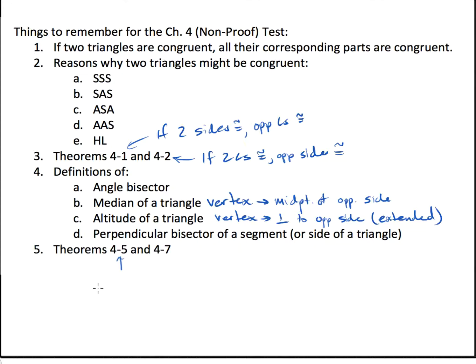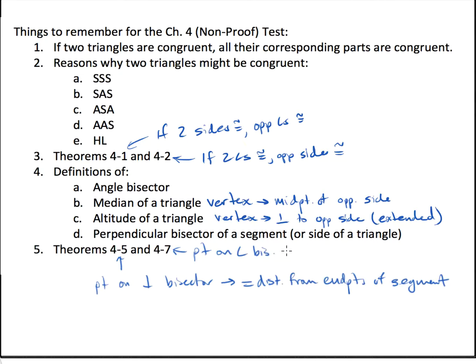This one said if a point is on the perpendicular bisector, then it is equidistant from the endpoints of the segment. And theorem 4-7 says a point on the angle bisector will be equidistant from the sides of the angle.